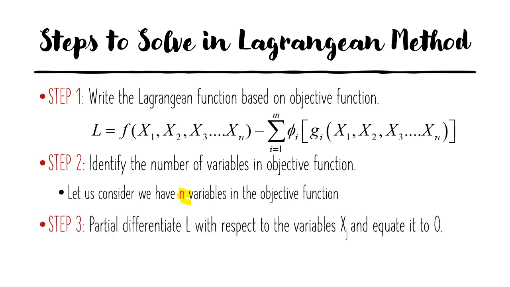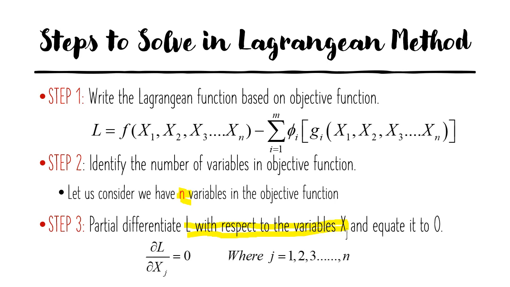Next, step 3. Here we partially differentiate L with respect to the variable xj. If we have variables x1 and x2, I partially differentiate my Lagrangian function with respect to x1 and equate it to 0, and similarly with x2 and equate it to 0.